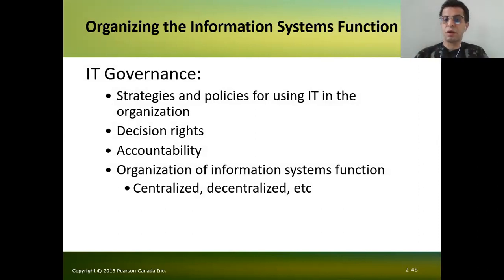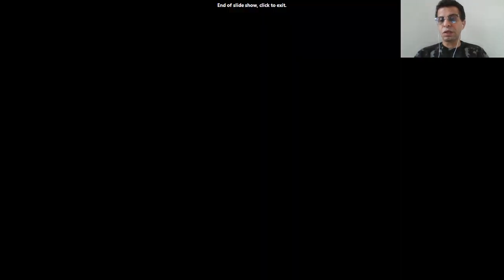So the strategy and policies for using IT should match the strategy and policies of the organization. Then decision rights, meaning who makes the decisions, accountabilities, and the organization of the information system function, whether you want it centralized or decentralized, something like that.